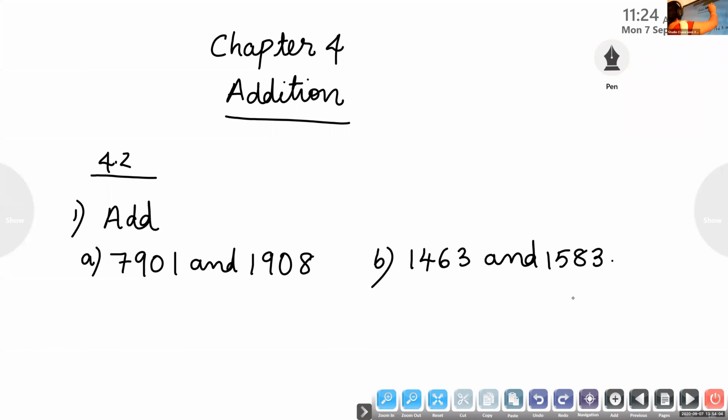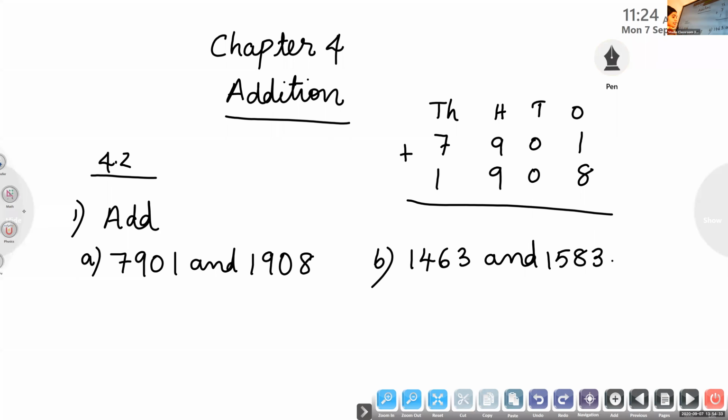If anybody has to complete the second question, you can complete it fast. You have 4 digits, so we can start from thousands, hundreds, tens, ones. 7,901 and 1,908.